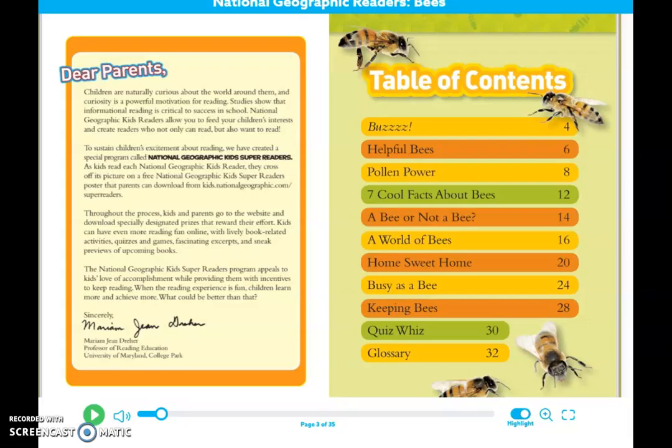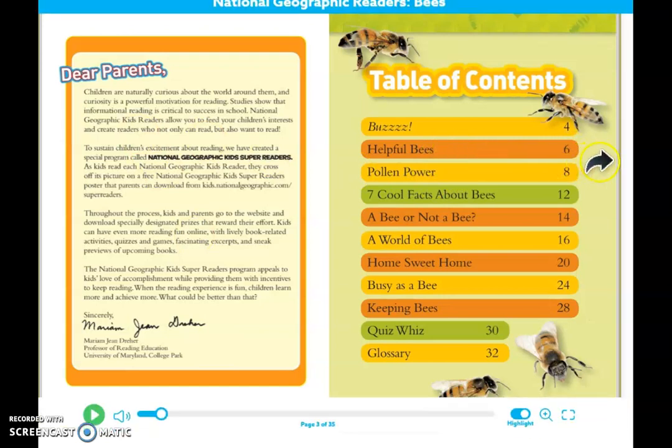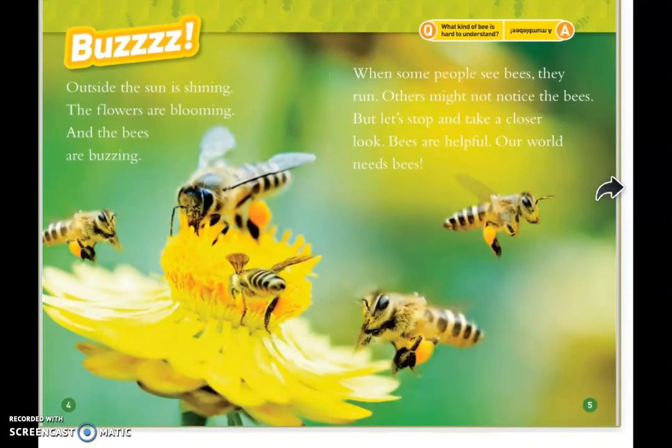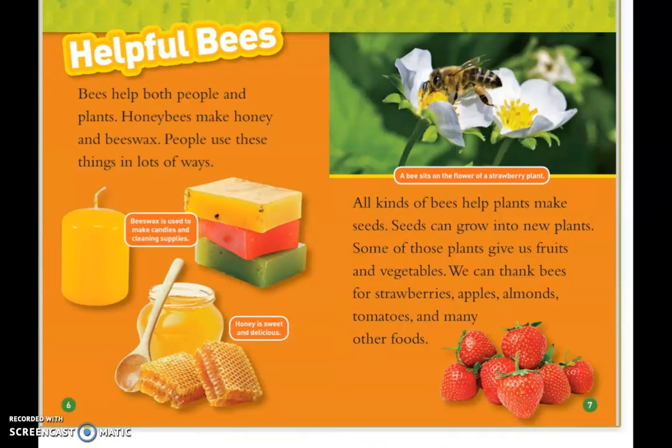So I'm looking at the table of contents and identifying a section of the text that I would like to learn more about. I'm going to go to the section of the text called Helpful Bees, and that starts on page 6. So here we are, Helpful Bees.